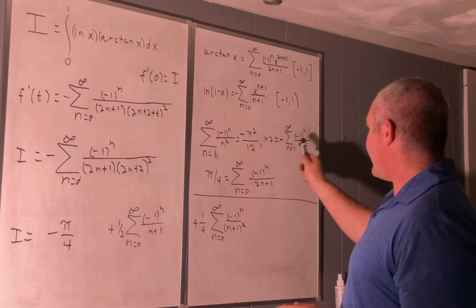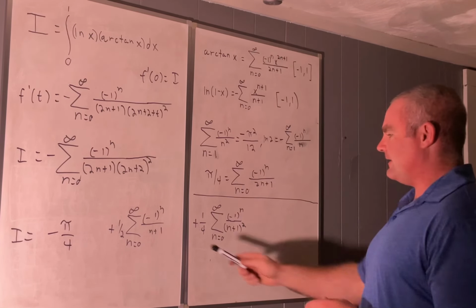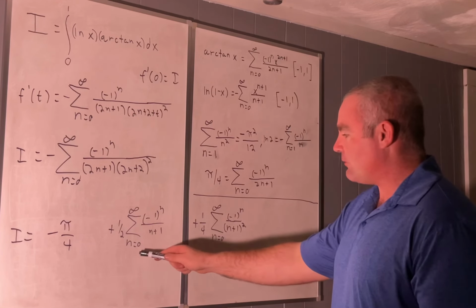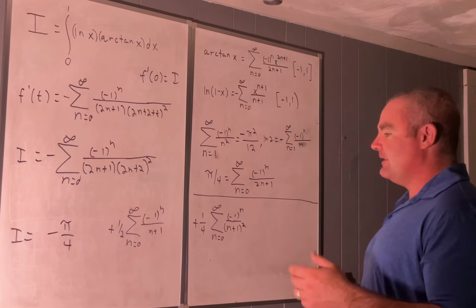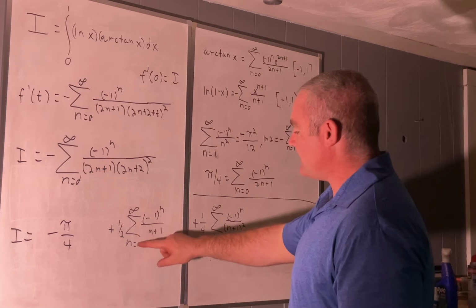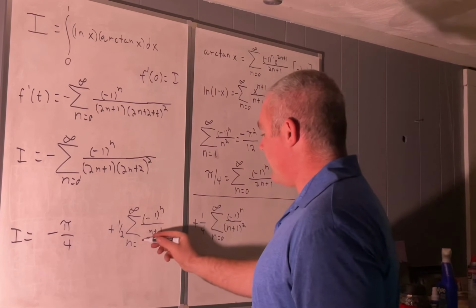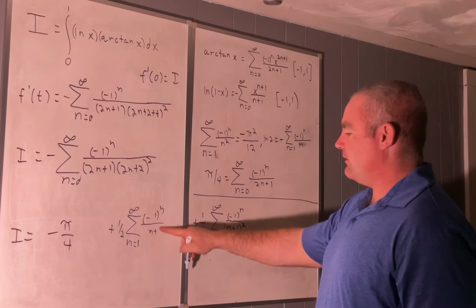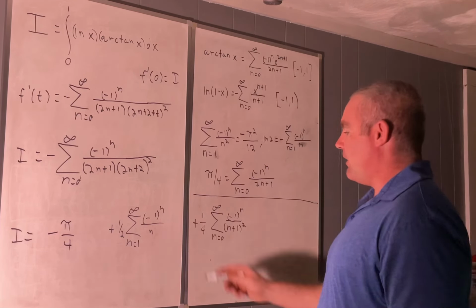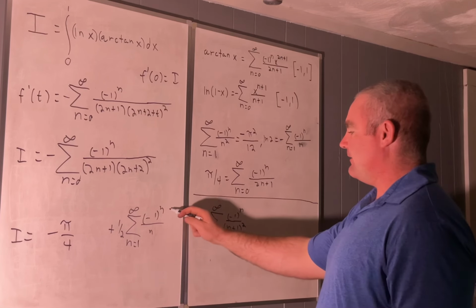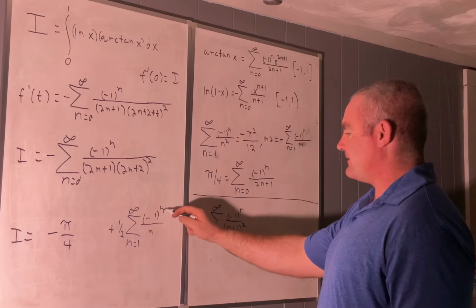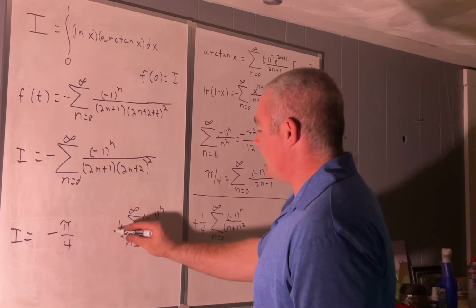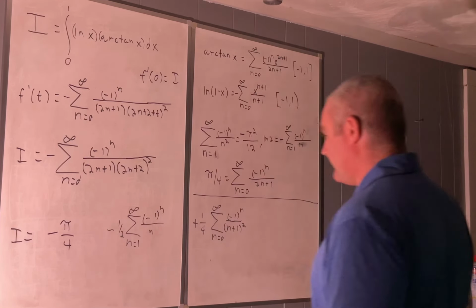We just need an n on the bottom instead of an n plus 1, and we need an n equals 1 there instead of an n equals 0. So what we'll do is increase the index on this by 1. Now to compensate for that, we must subtract 1 from all our n's. Subtracting 1 from n here will simply have the effect of multiplying the entire thing by -1.